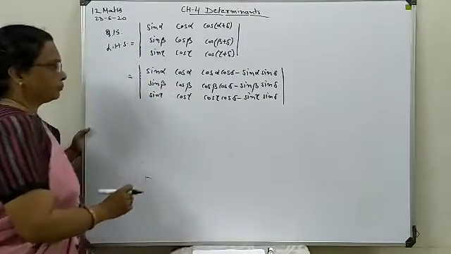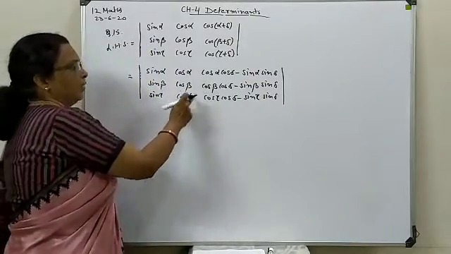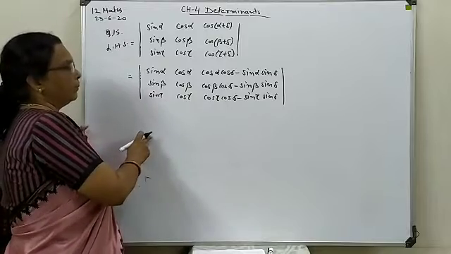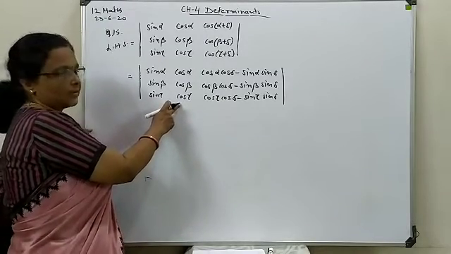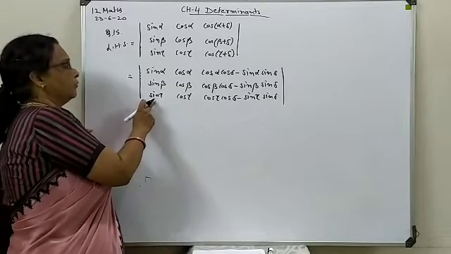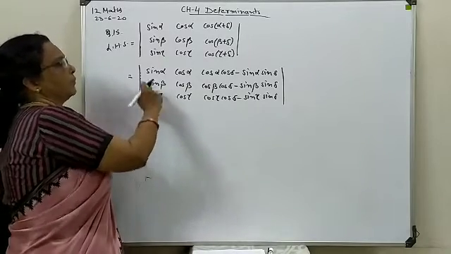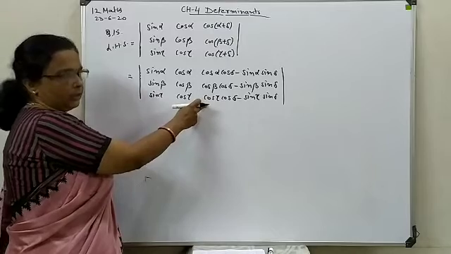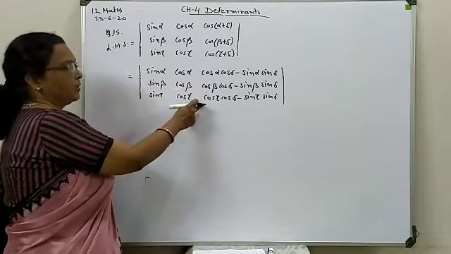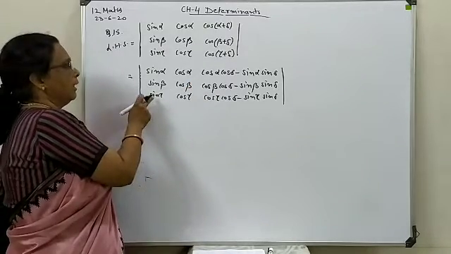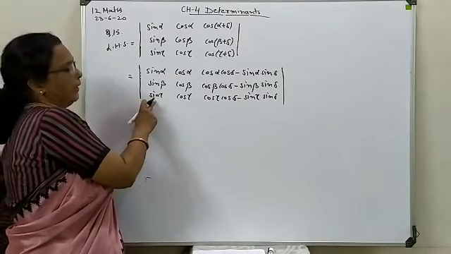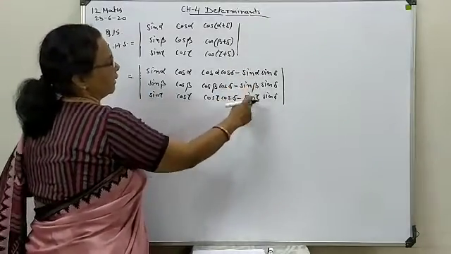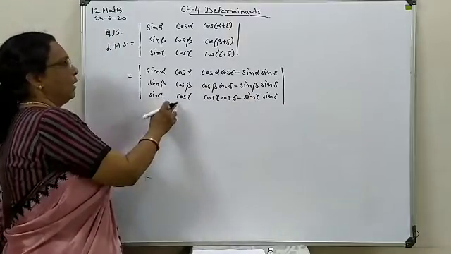Now we can easily make this third column 0 by implementing a property using the first column as well as the second column. With the help of the first and second columns, if you make addition or subtraction in the third one, it will turn to 0. In the same order, we multiply the first column with sin delta and add it over here, so this whole sine combination will turn 0.